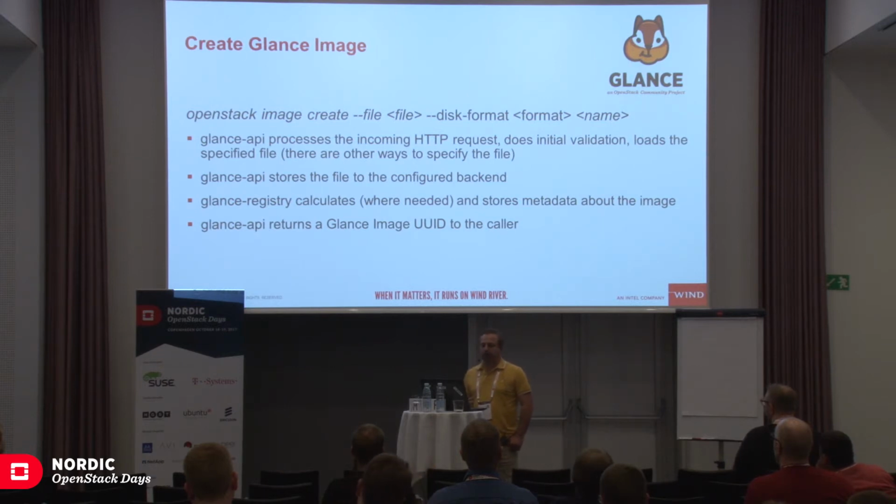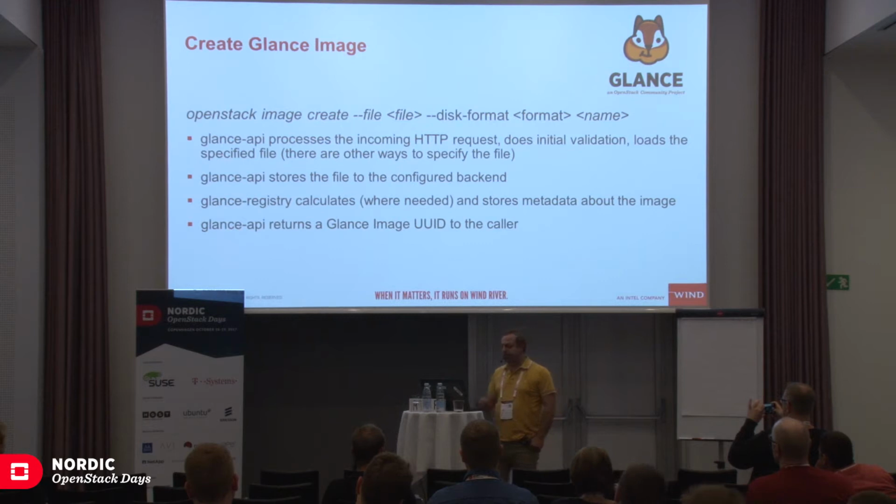What happens when you run this command is that the Glance API gets the request, does some validation for it, and then loads the file you want to add to Glance. This file can be loaded locally, or fetched from a different location by giving the location you want to fetch it from, or you can create the image from a Cinder volume.